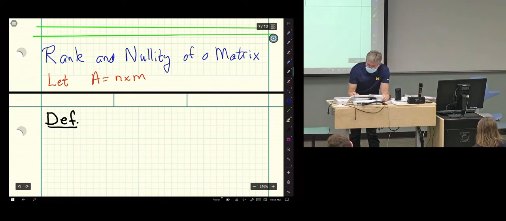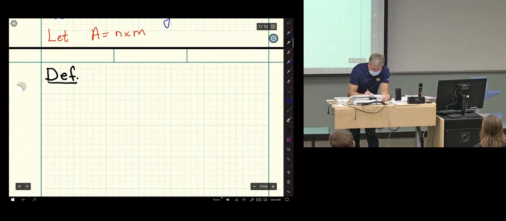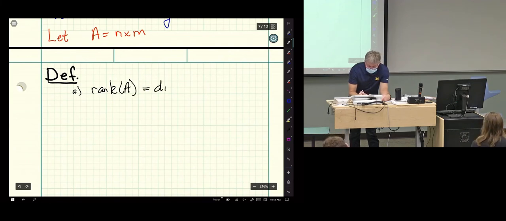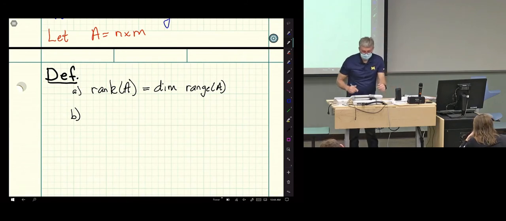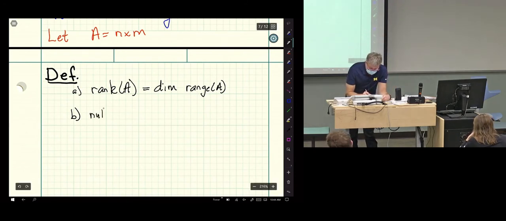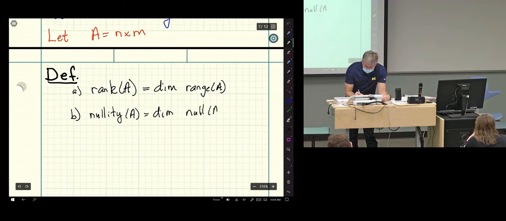Definition: the rank of a matrix A is defined to be the dimension of the range of A. And nullity, the zero-ness of A, is the dimension of the null space of A.